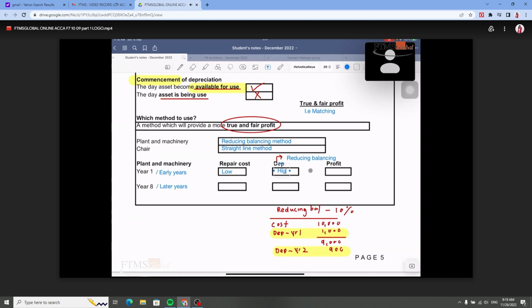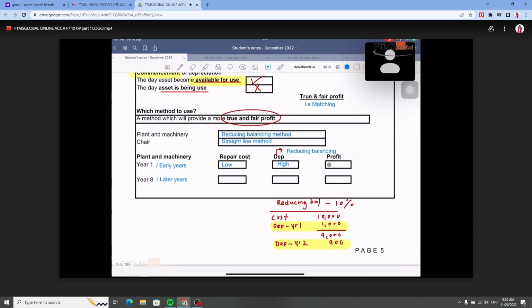This is the feature of the reducing balancing method. As the years go on, depreciation will be lower. Then very simple: repair cost, one low, one high. Remember I said matching? One low, one high, your profit balances.